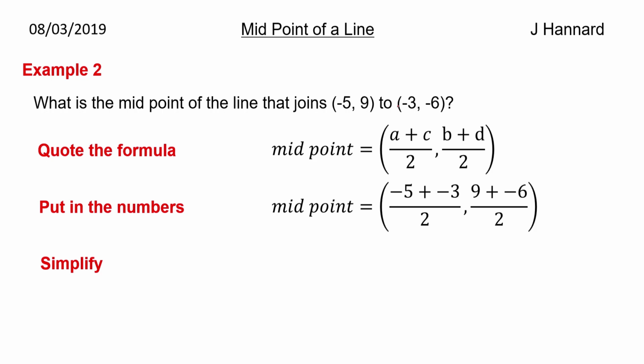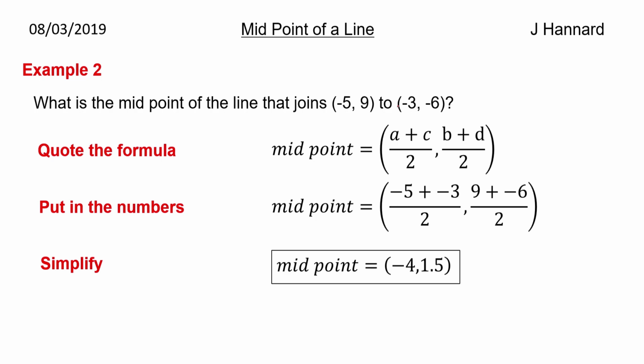Careful of your negatives. Adding negatives is sometimes quite challenging in the heat of the moment, but just breathe. You've got minus 8 over 2, which is minus 4, and 9 plus minus 6, which is 3 over 2, which is 1.5. So the midpoint of this line is (minus 4, 1.5).